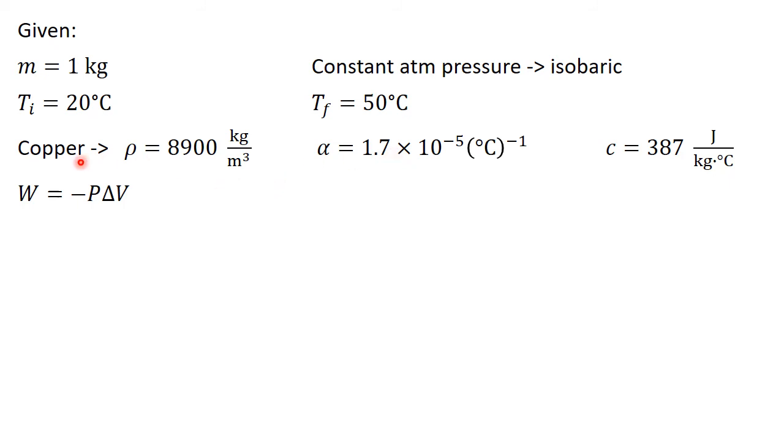Pero alam kong copper yon and solid yan. And kapag ininit natin, sinabi ko na last time or napag-aralan na natin na pag iniinit, nagkakaroon ng expansion. Okay? And because this is in change in volume, of course, yung copper pag ininit, nag-expand din, nagkakaroon ng volumetric expansion.